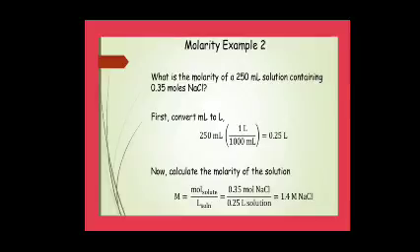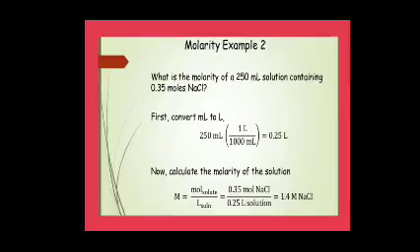What is the molarity of 250 ml of solution containing 0.35 moles of NaCl? First, convert milliliters of the solution to liters: 250 times 1/1000 is equal to 0.25 liters.